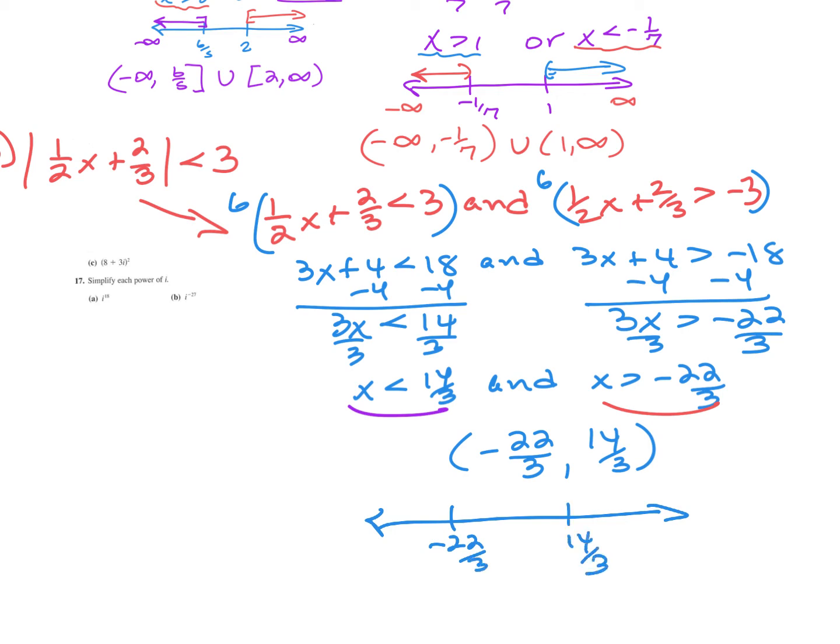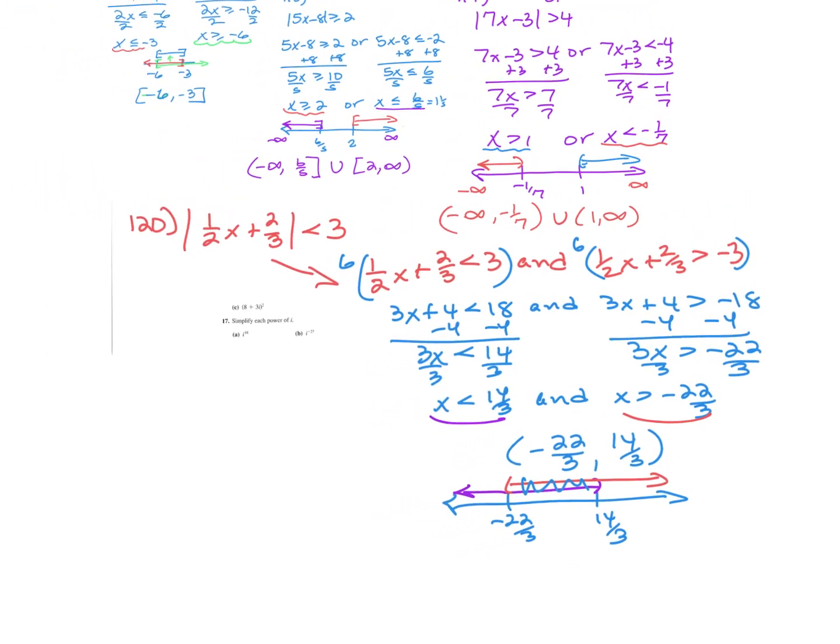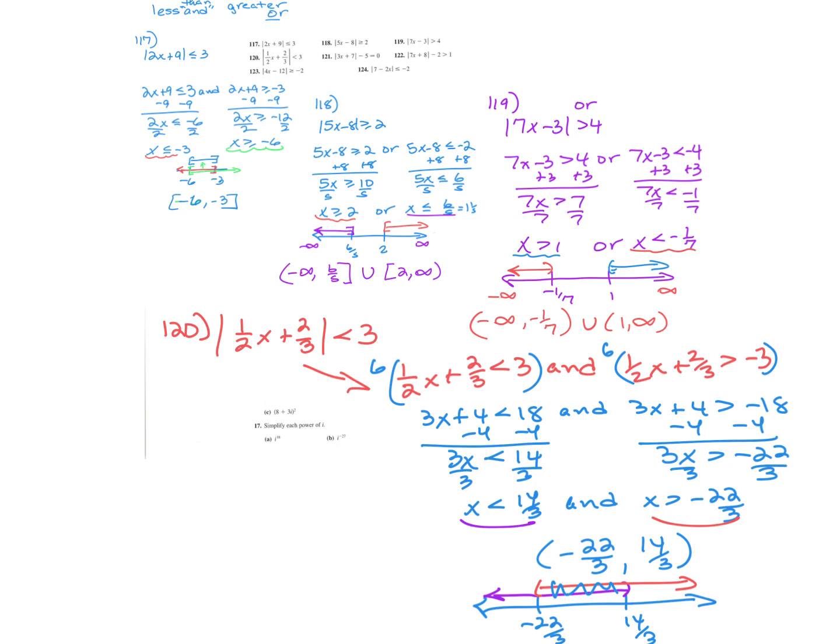And again, the purple one would be all numbers that are less than 14/3. And then the red one, all numbers greater than -22/3. And again, the solution is the overlap. Then the next one, that was 120. Let's take a look at 121.